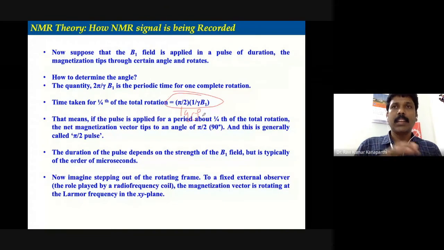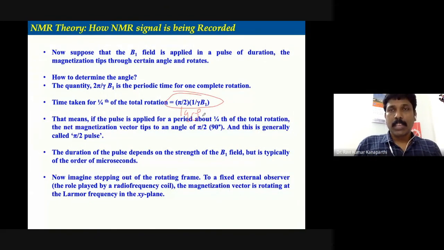Based on the applied field and the duration, the net magnetization vector precesses in a particular plane. That is why it is referred to as a pulse.